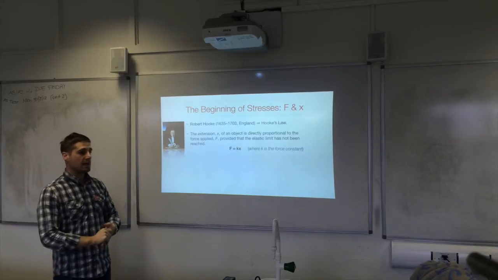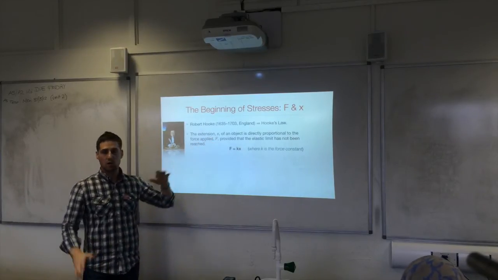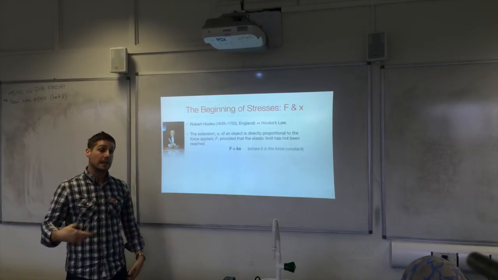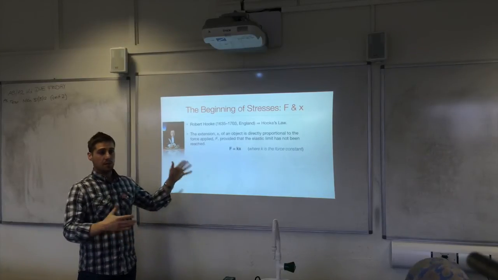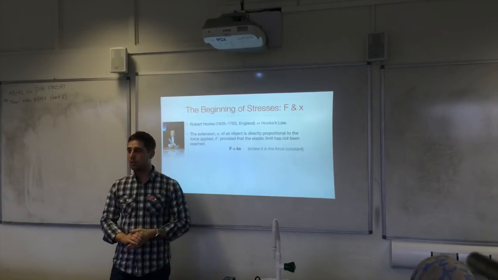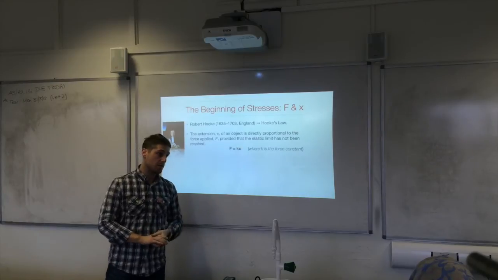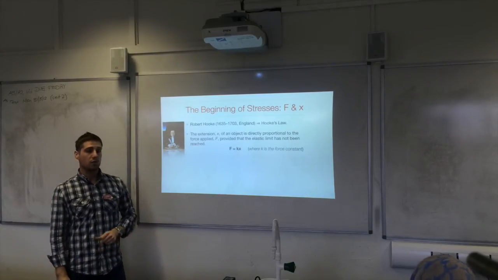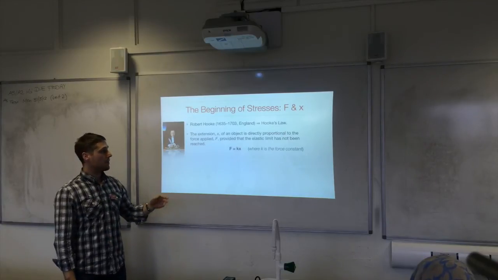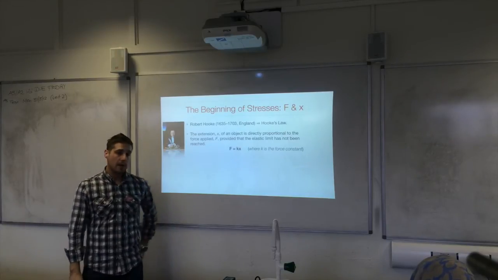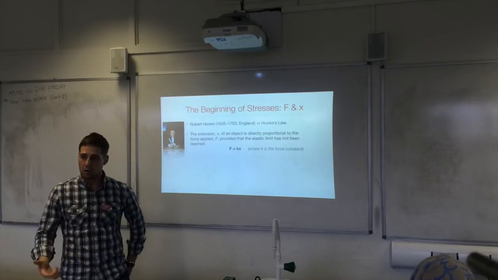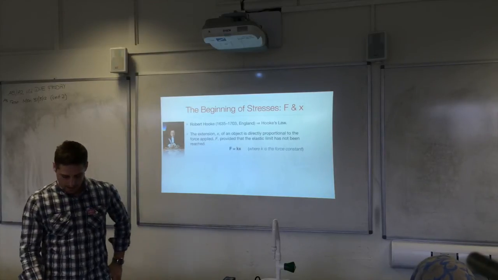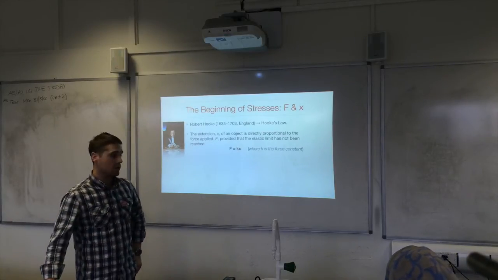So Hooke's law is that the extension, I'm going to call it x, I know sometimes we call it e, but I'm calling it x because x is the symbol which is used in the formula book. So extension x is directly proportional to the force applied, provided that the elastic limit has not been reached. And from there you get F equals kx, where k is the force constant.